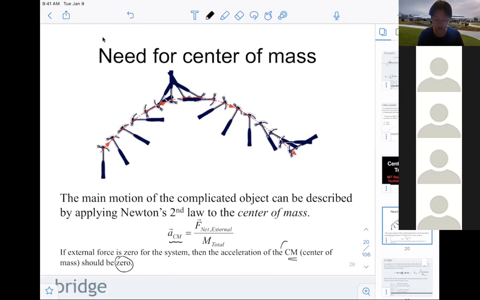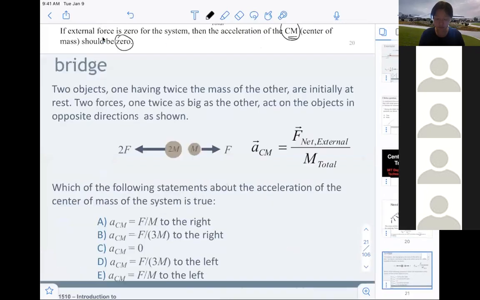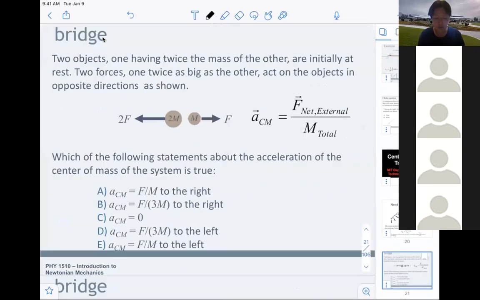This is very important because a lot of times an object is complicated. Different parts of the object could have different acceleration or different velocity. But the center of mass should have a 0 velocity as long as your total net force is still 0.